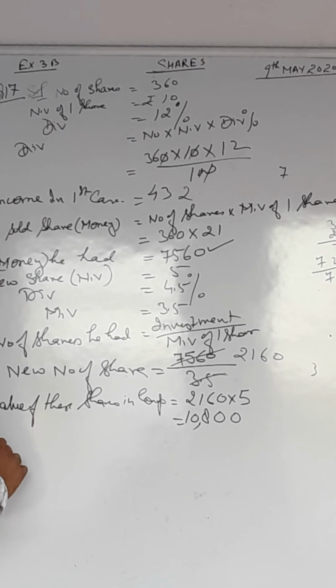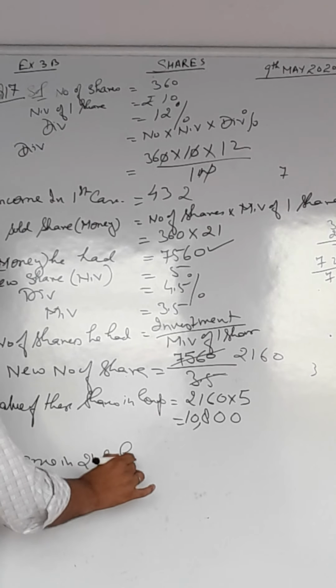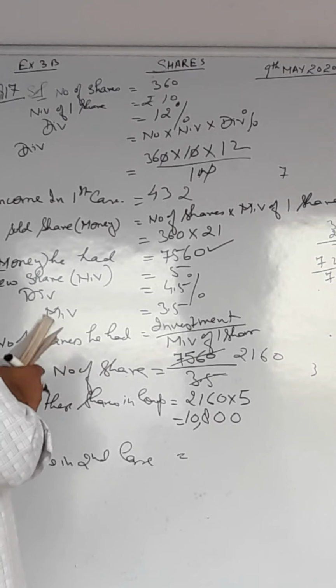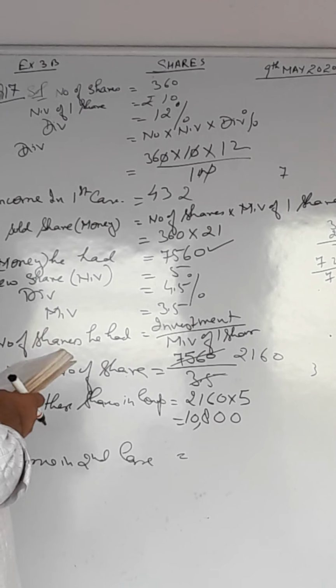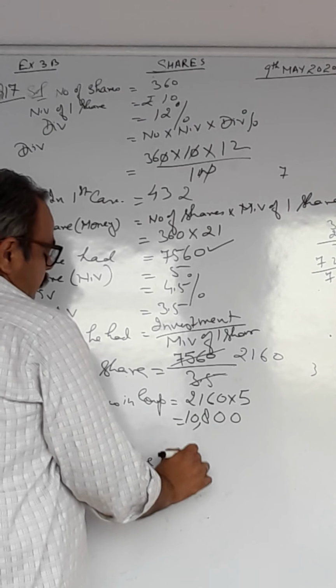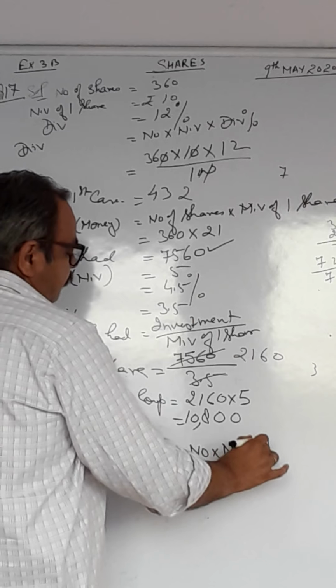Now income in second case: income equals number of shares into nominal value into dividend percent.